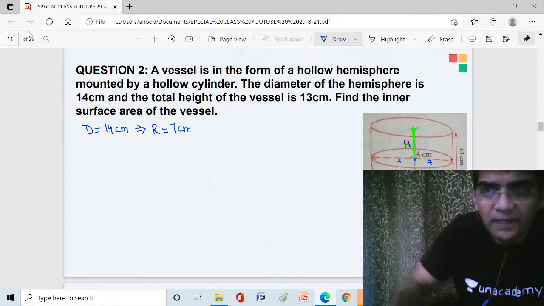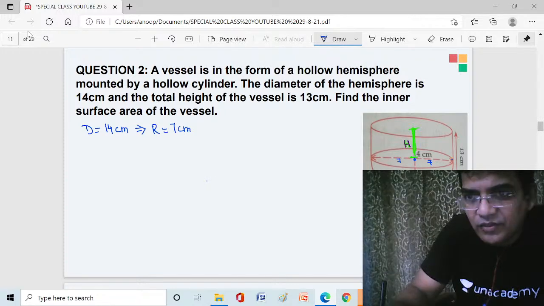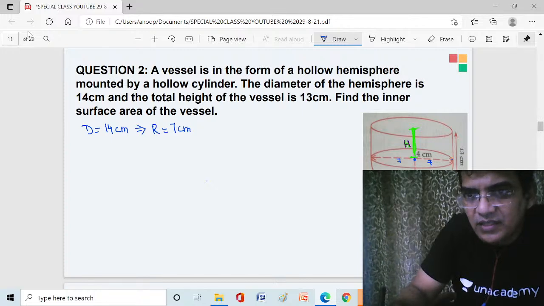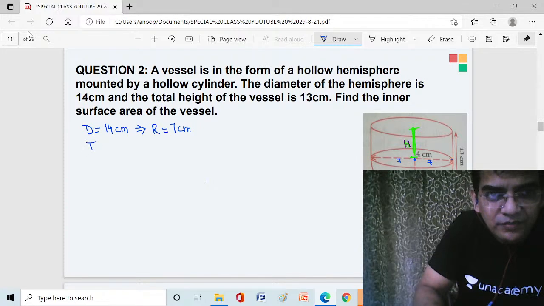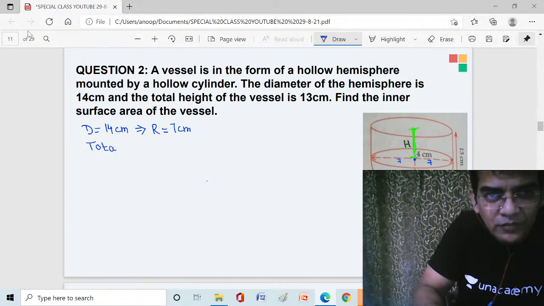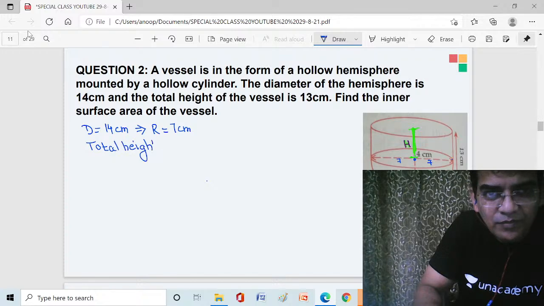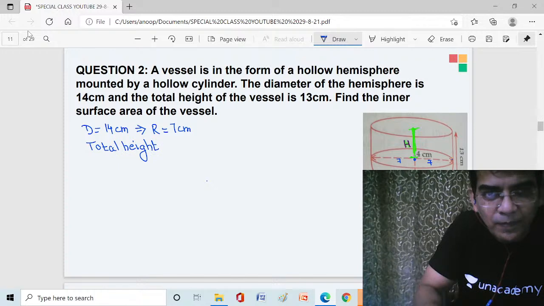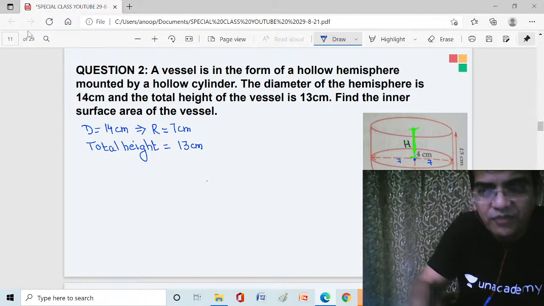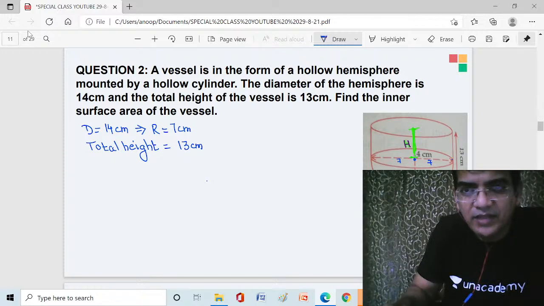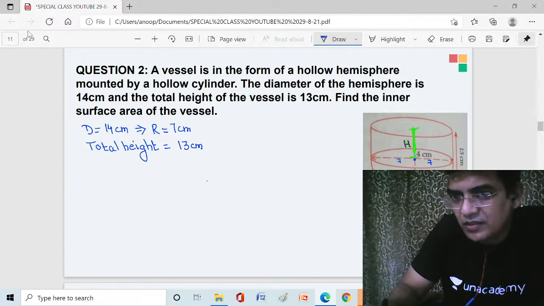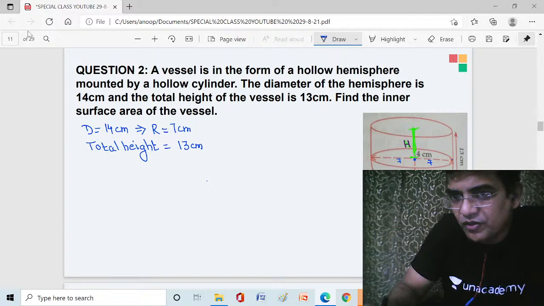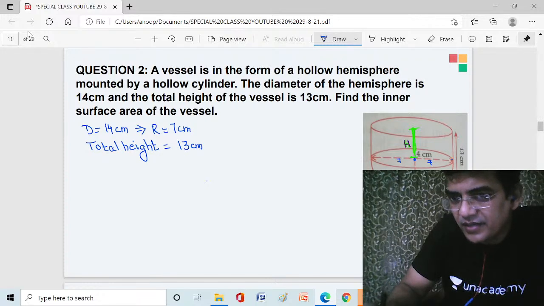Now, the total height of this vessel is 13, right? If you look in the figure, this total height is divided into two parts. One is h, the height of the cylindrical portion. The other one is the radius of the hemisphere.